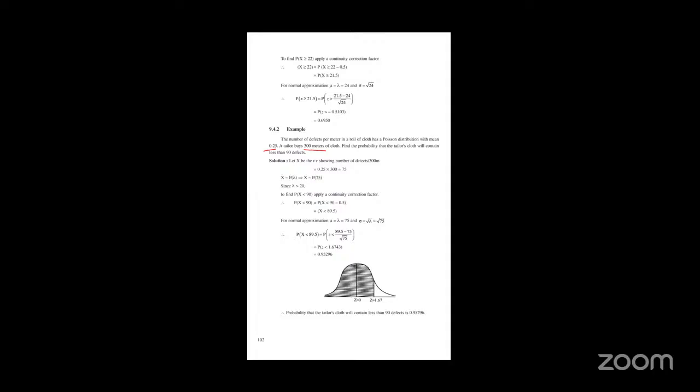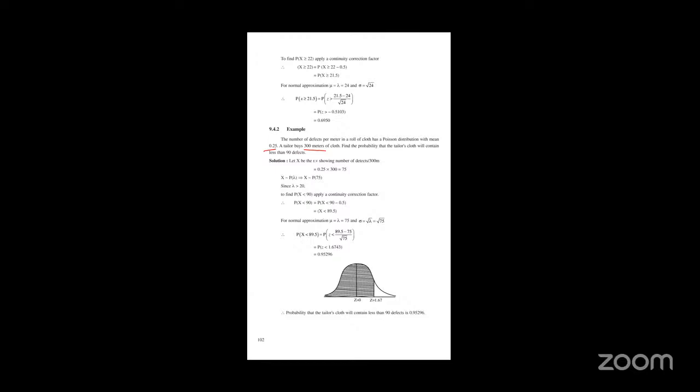Find the probability that the Taylor's cloth will contain less than 90 defects. So we will do it.